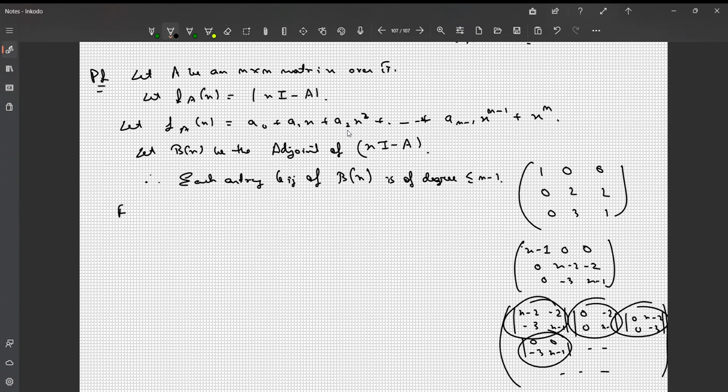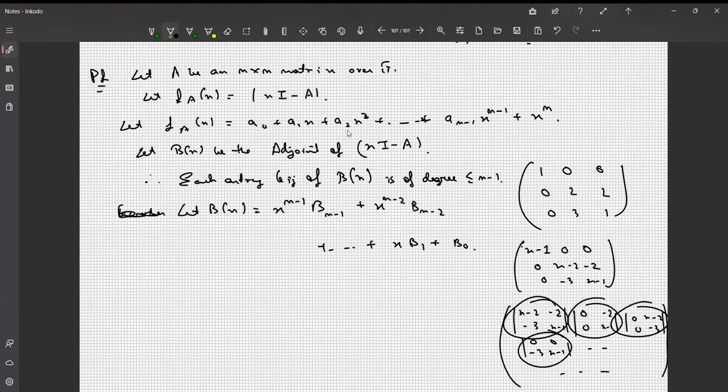Further, let B(x) be given a representation. It will be of this form: x to the power n minus 1 times B_{n-1} plus x to the power n minus 2 times B_{n-2}, and so on till x times B_1 plus B_0, right?